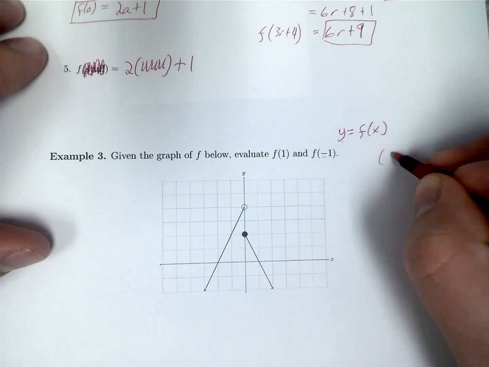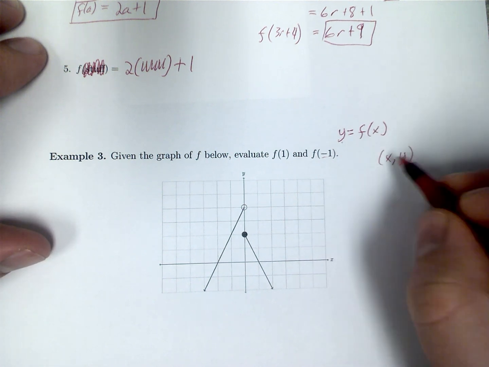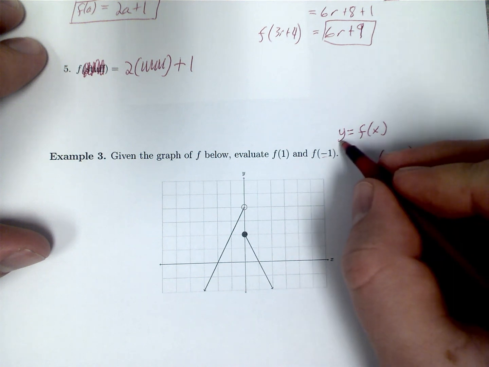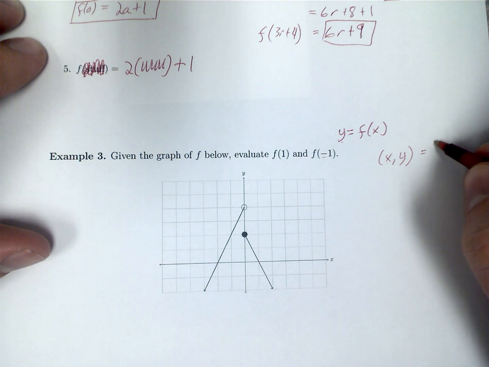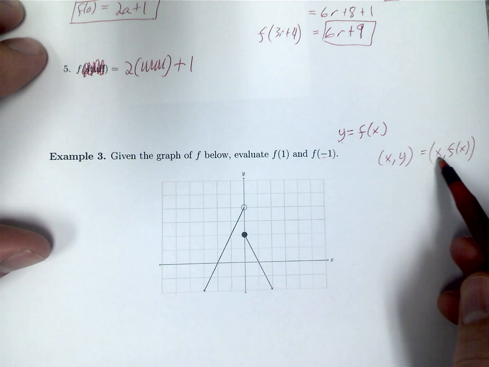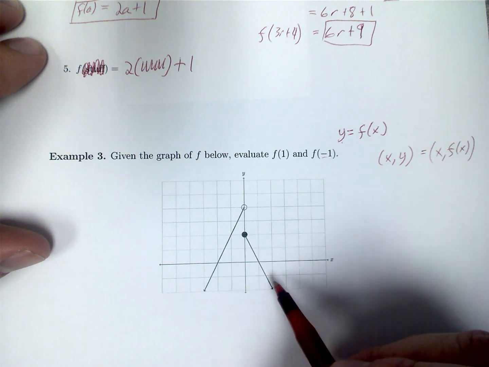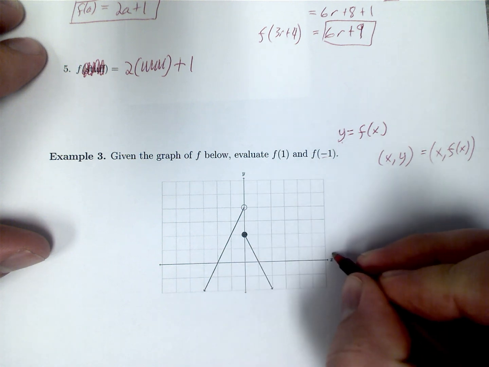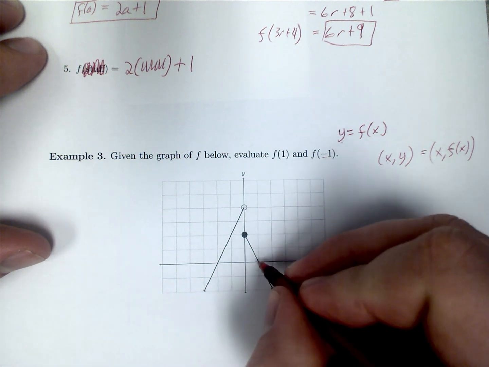And remember, from points, we plug in an x value, we get out a y value. Because for functions, y and f of x are interchangeable, we could just say x, f of x. So I look for the x value and I look for the output along the graph. If I plug in 1, this is the x-axis. Where is 1?